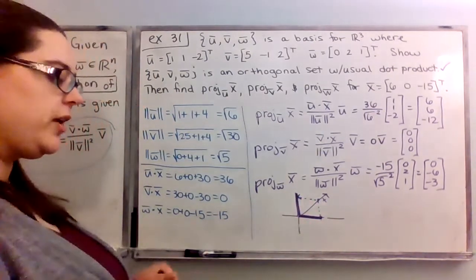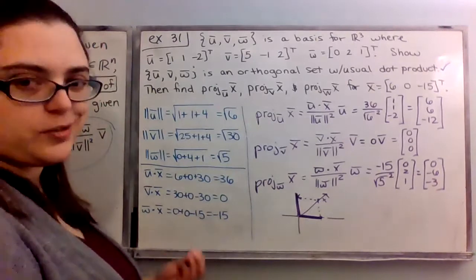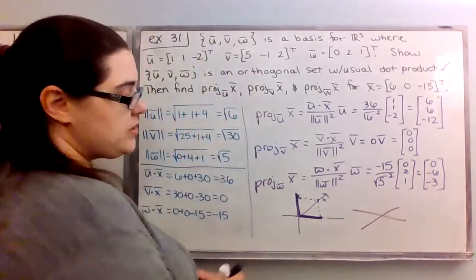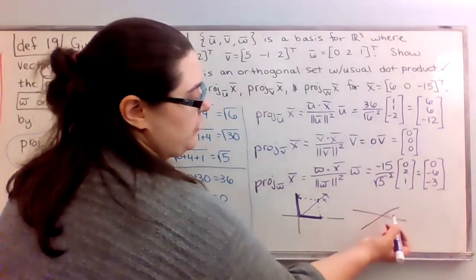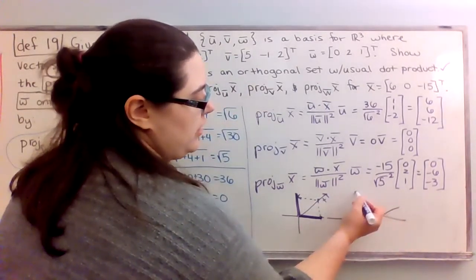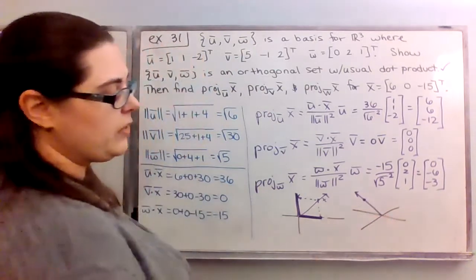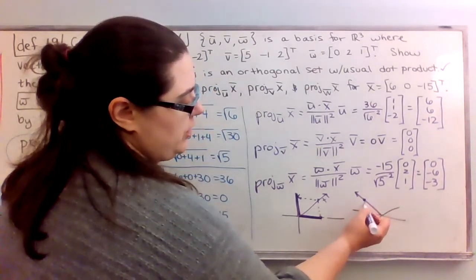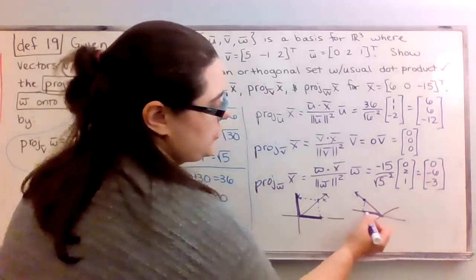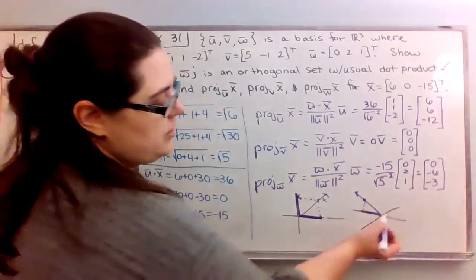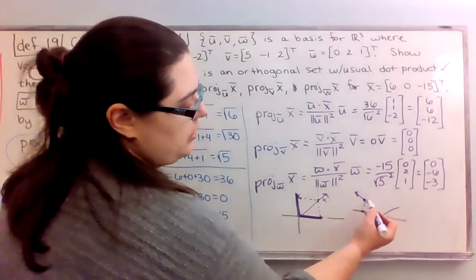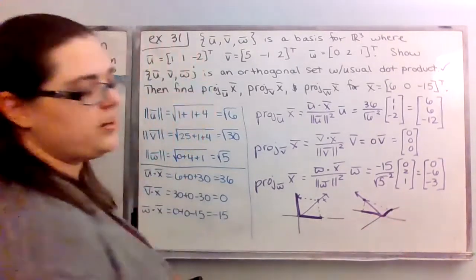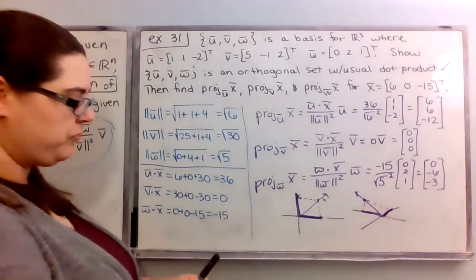So what we're saying is, instead of having these nice perpendicular axes, what if I have something like this? And now here is my vector x. Well, this is going to project onto here, so here's its projection onto that axis. And then it's going to project over here, so here's its projection onto that other axis.